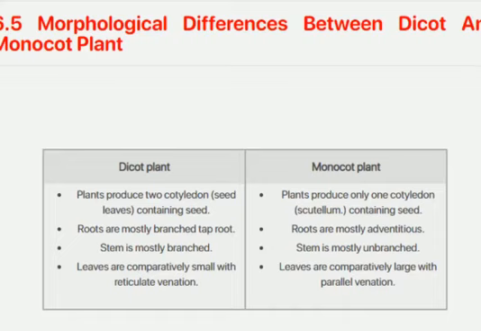And the stem of dicot plants is mostly branched, whereas their leaves are broad and have reticulate venation. What do you mean by reticulate venation?